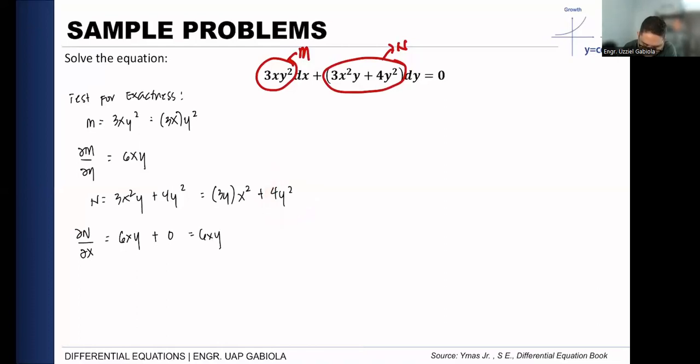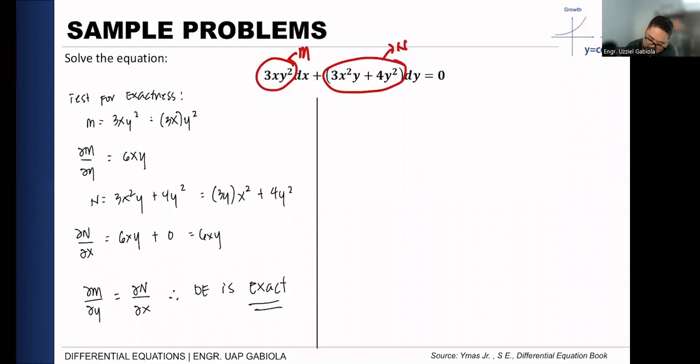So, since partial of m with respect to y is equals to partial of n with respect to x, therefore, yung differential equation natin is exact. Okay? Ayan. So, na-prove natin na exact siya, so pwede natin gamitin yung steps natin. Okay?